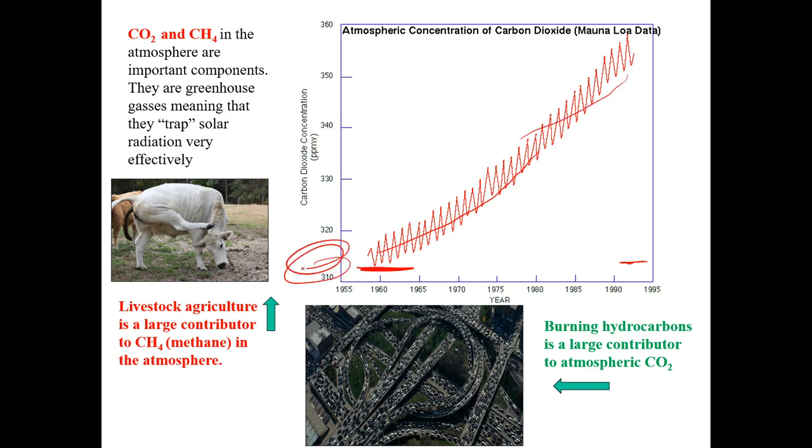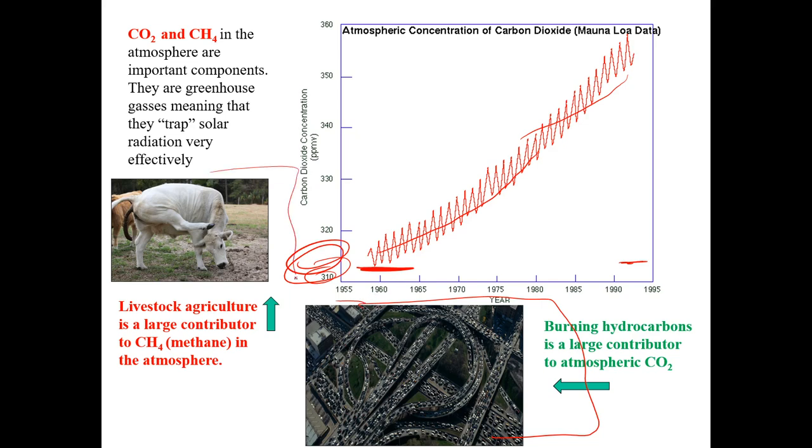From maybe 300 parts per million in the 1960s, we're getting very close to 400 parts per million already. And again, that has a lot to do with using up fossil fuels, not only for cars, but for agriculture, for all of our industry, for especially electricity generation.